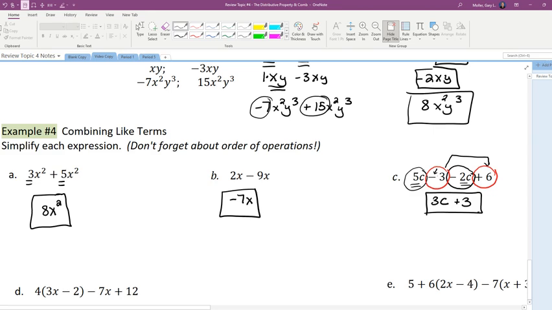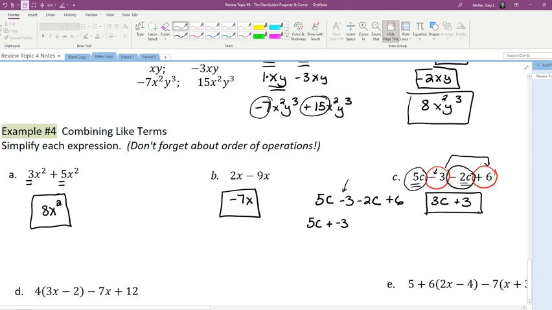Some of you might be having issue with me calling that a negative instead of a subtraction. Well, here's the quickest way I think I can show you that you can use them interchangeably. Let me rewrite this problem. 5c minus 3 minus 2c plus 6. All right. On one hand, we could do this. I'm just going to do part of it. We talked the other day that we could rewrite 5c minus 3 as 5c plus a negative 3, because a positive and a negative together mean subtract.